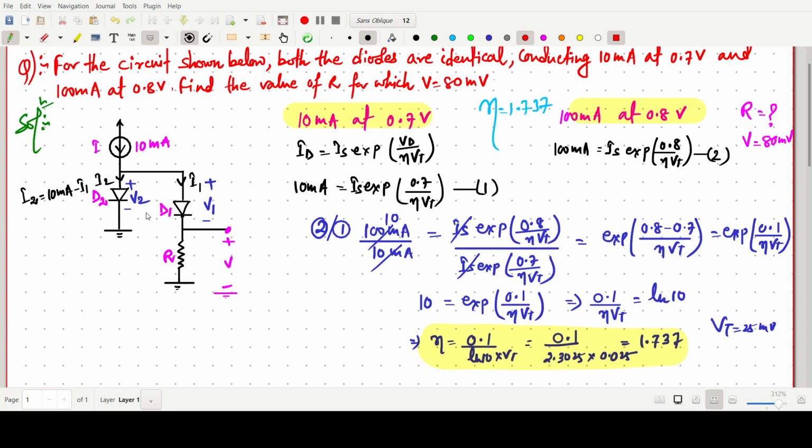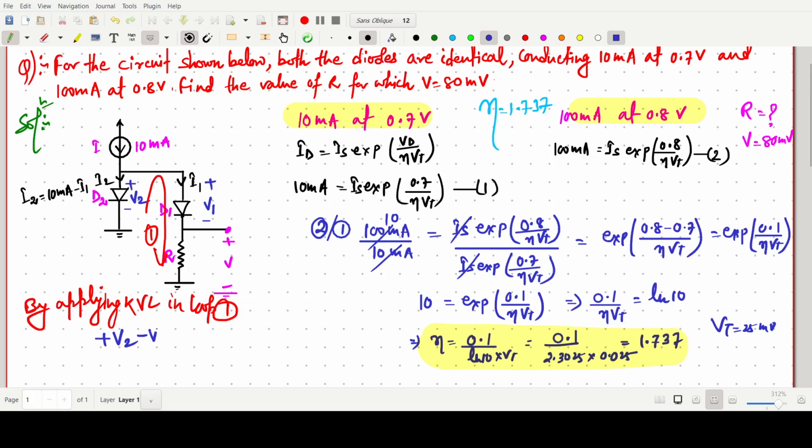If we apply KVL in loop 1, we can easily write plus V2 minus V1 minus V equals 0.